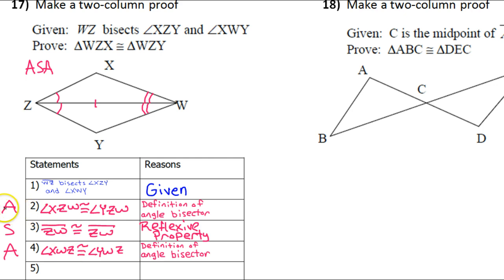Okay, so now that I've shown a pair of angles, a pair of sides, and a pair of angles are congruent, I can go ahead and say the thing I'm trying to prove, that the triangles are congruent by the angle-side-angle postulate.